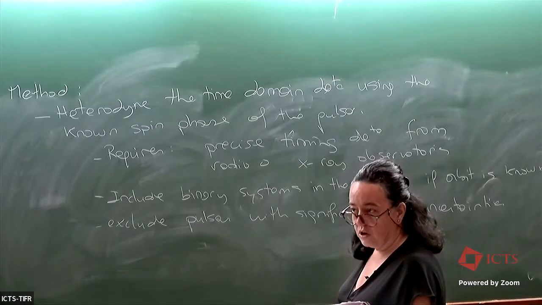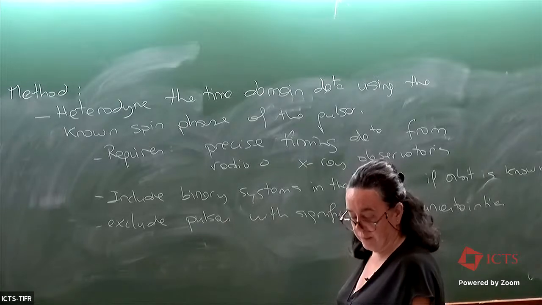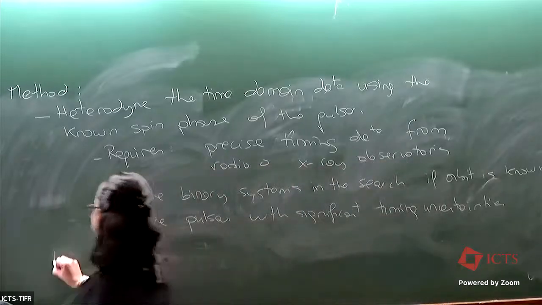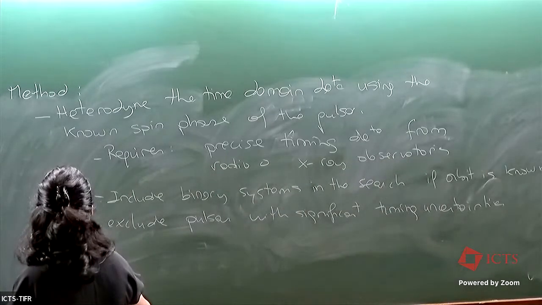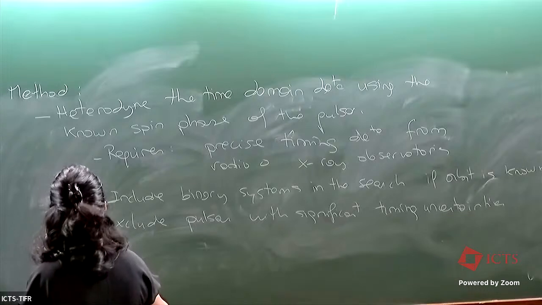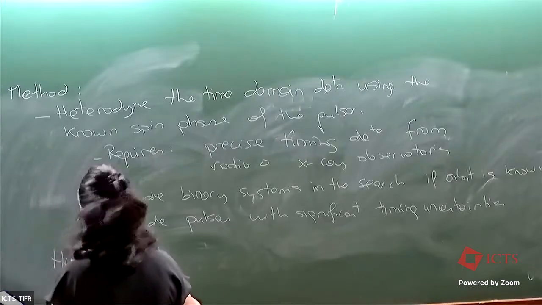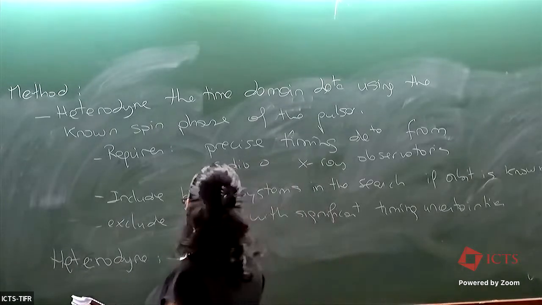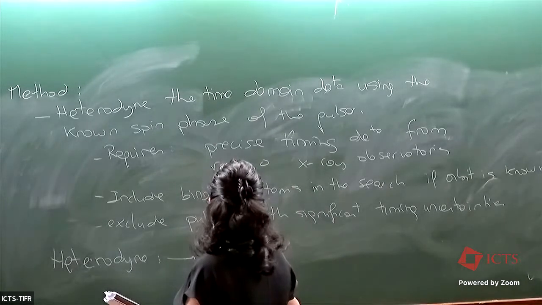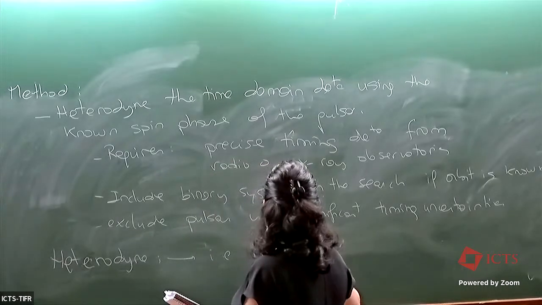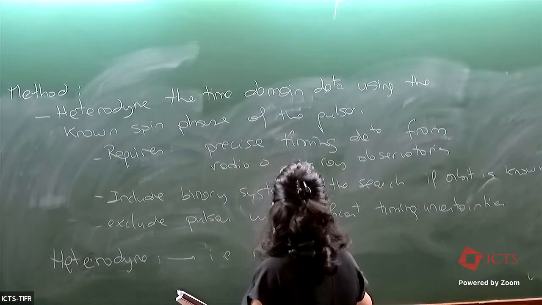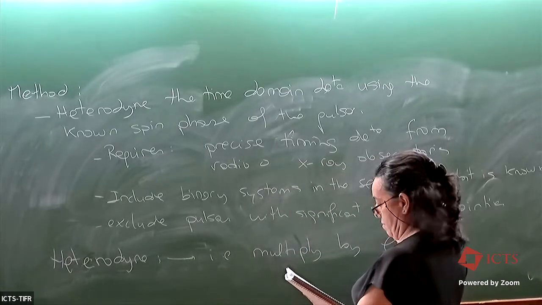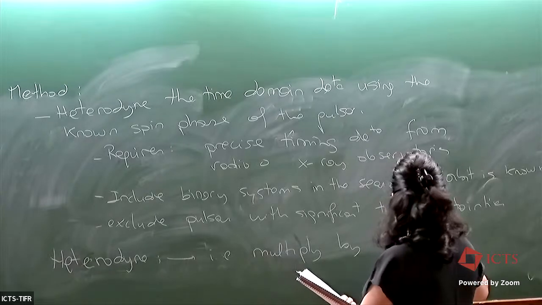So I've mentioned the word heterodyne. To heterodyne is basically almost equivalent to multiplying the data by e to the minus i phi of t.